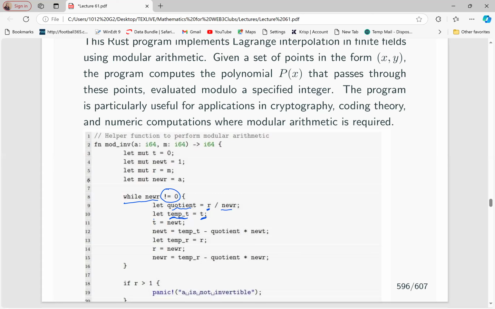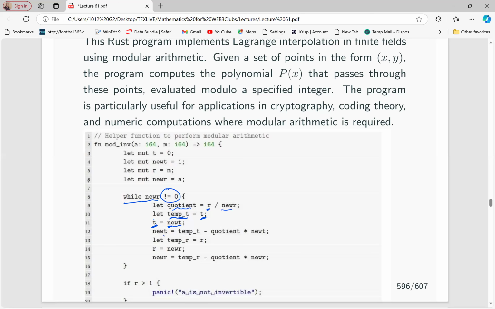Then after you've made it temporary, now calculate the new inverse. The new inverse becomes t. Then what about the new t? How do you calculate this new t?